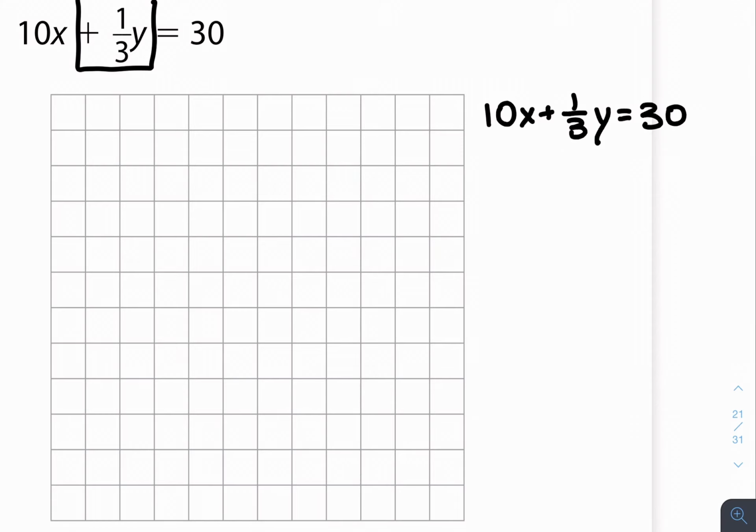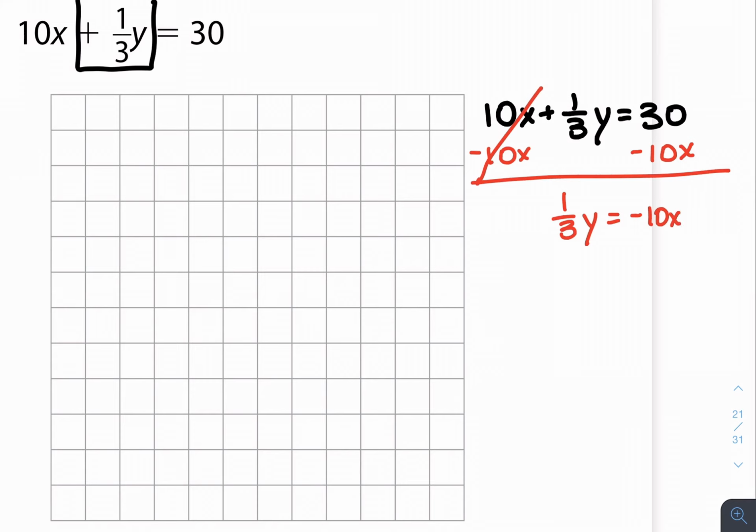And because I want to get the 1/3 y by itself, I'm going to subtract 10x on both sides. That cancels out. This comes down. And this becomes not 20x, but negative 10x plus 30.